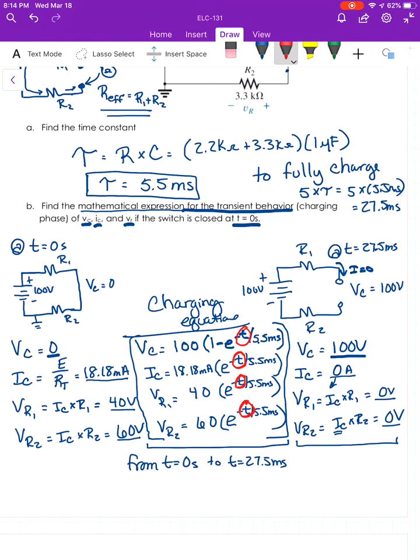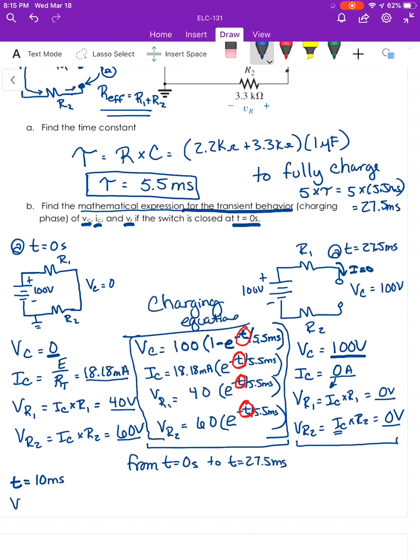So if you want to practice with your calculator, make sure you put this in, make sure you work with this a little bit and see that you can get this correct. But let's just say we want to pick t equals 10 milliseconds.